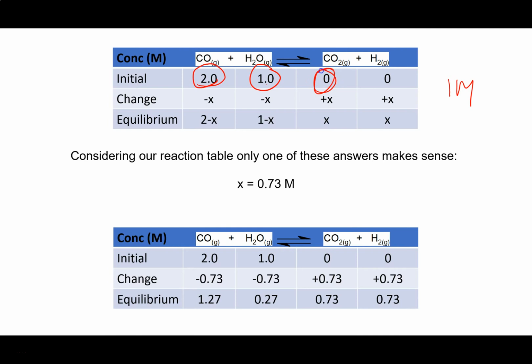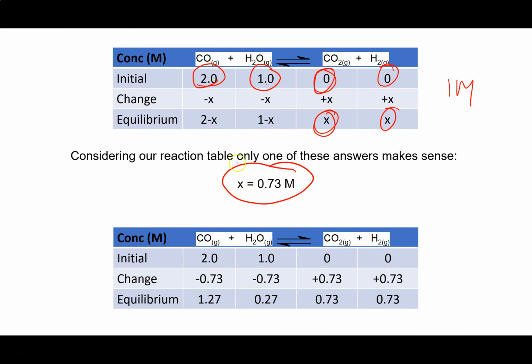The maximum amount of CO2 or H2 that we could create, the maximum value for X, would have to be 1, and that would be if we turned all of our H2O into product. So when you consider that, the only solution to the quadratic formula that makes any sense is this one, because the other one was more than 7, and that's just not possible.